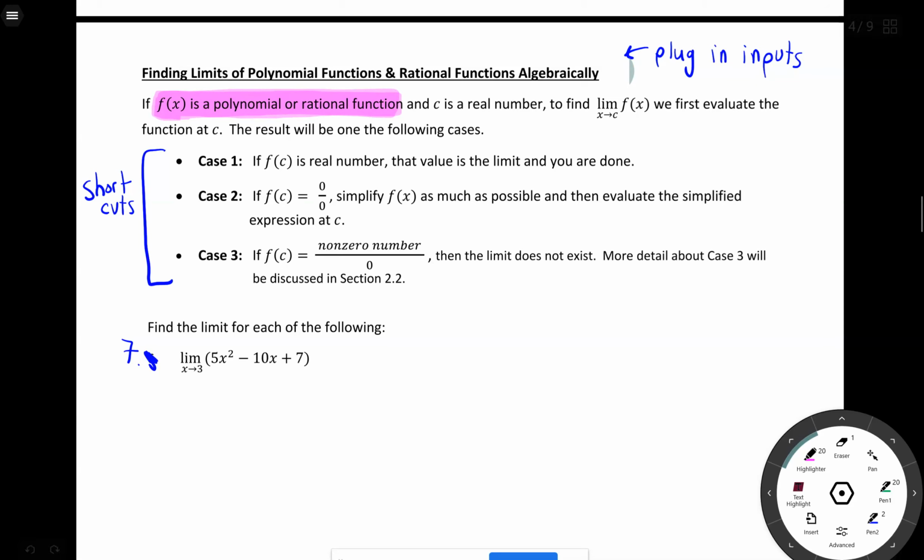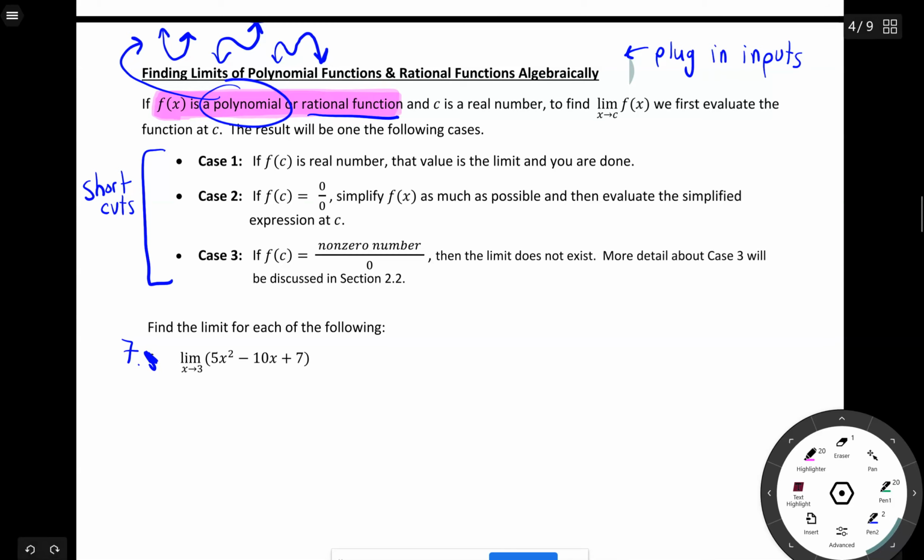Polynomials are like quadratics, cubics, something to the fourth power. They're really smooth, pretty graphs. There are no holes, no jumps, no asymptotes. They're really predictable, so the limit's going to be really pretty and predictable.